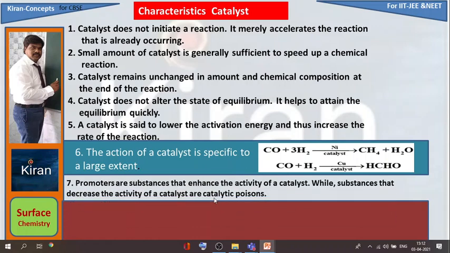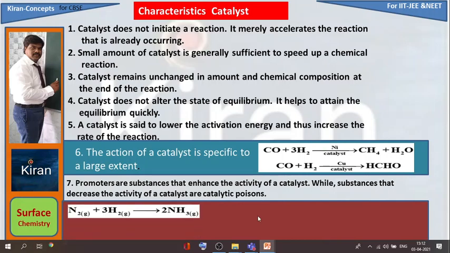Catalysts are also used as promoters, which speed up the chemical reaction faster, as well as catalytic poisons. Promoters are substances that enhance the activity of a catalyst, while substances that decrease the activity of catalysts are catalytic poisons.